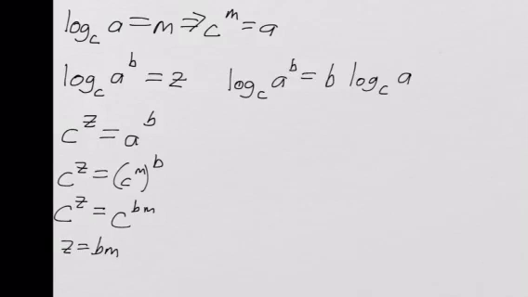Last rule that we have to derive is the change of base formula. And this one gets a little trickier. So, we're first going to let y equal log base b of a.